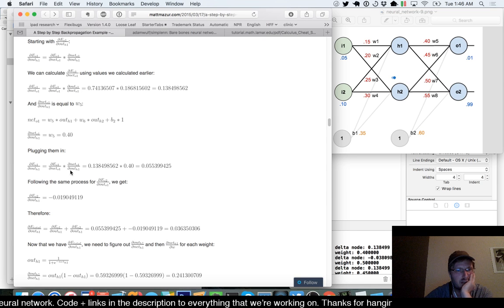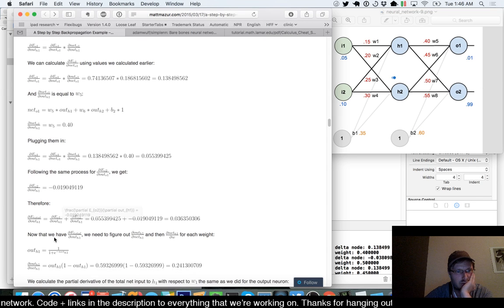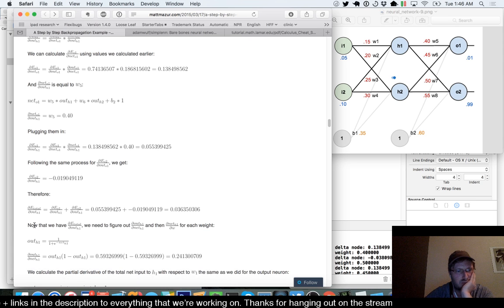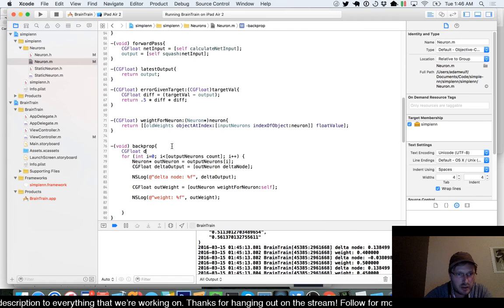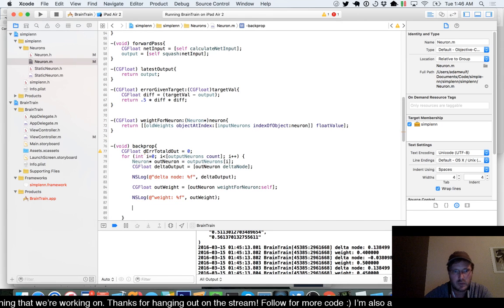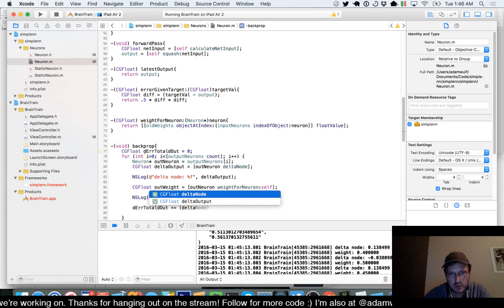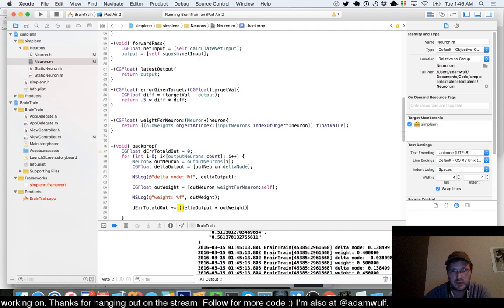So it calculates the error for both of those. Therefore, E total to D out total. So now that's what we're figuring out. We're figuring out D error total to D out, right? This is plus equals delta output times out weight, right?